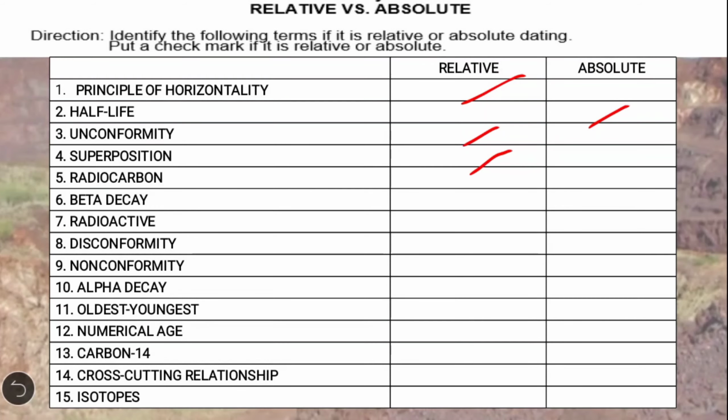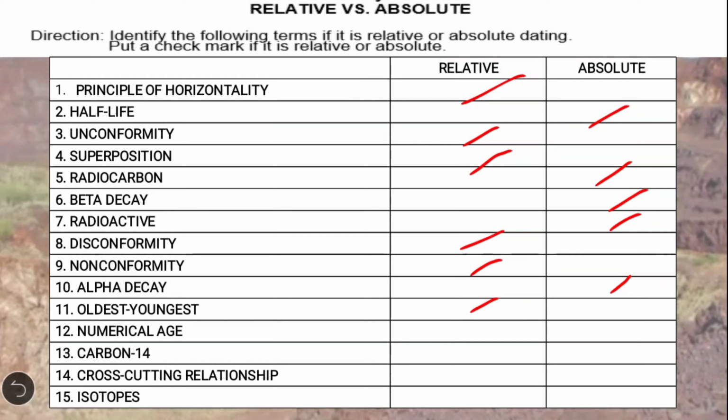Radiocarbon. Absolute. What about beta decay? Very good again. Absolute. Radioactive. Nice one. Absolute. Disconformity. Yes, relative. Nonconformity. Okay. Relative. Alpha decay. Absolute. What about from oldest to youngest? Relative.